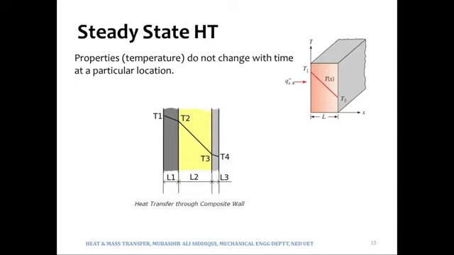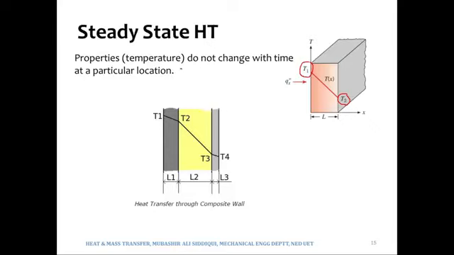So if, for example, T1 is 100 degrees Celsius and T2 is 30 degrees Celsius, and T1 remains around 100 degrees Celsius and does not change with time, whether you check it now or after a couple of minutes or after a couple of days or after a month or after 6 months, and T2 remains the same as well, that would make it the case of steady heat transfer.